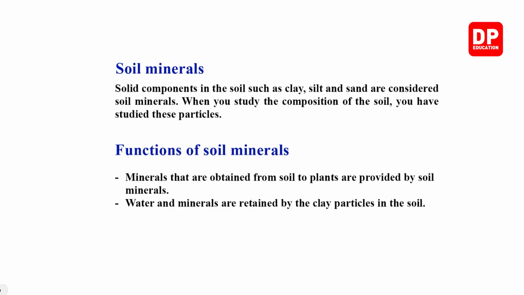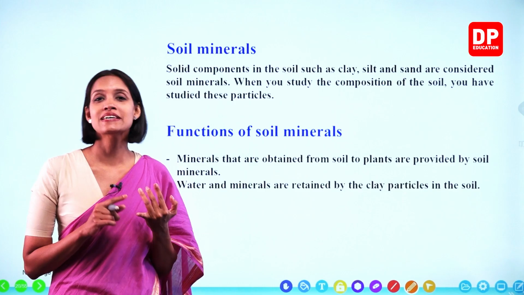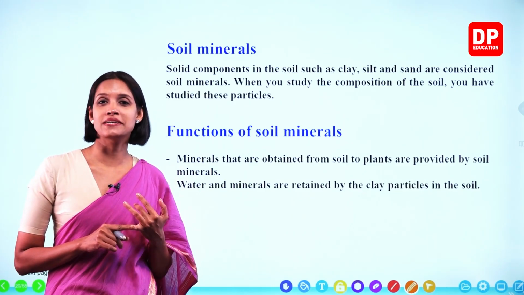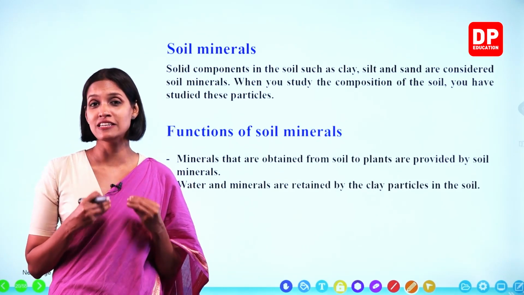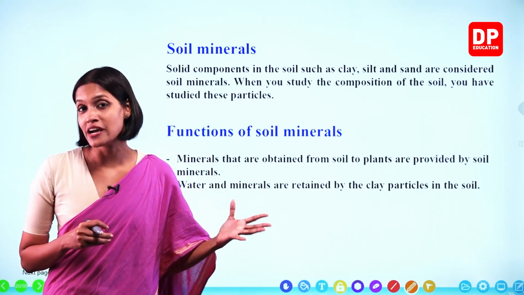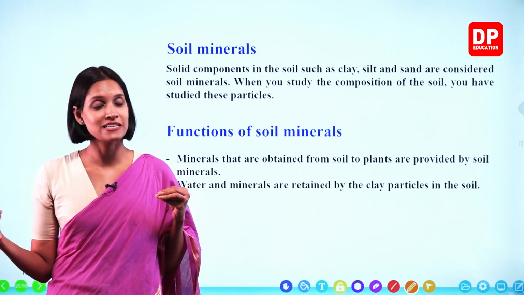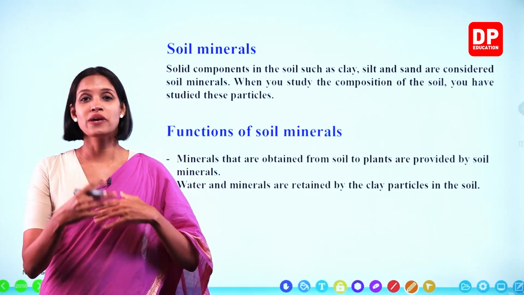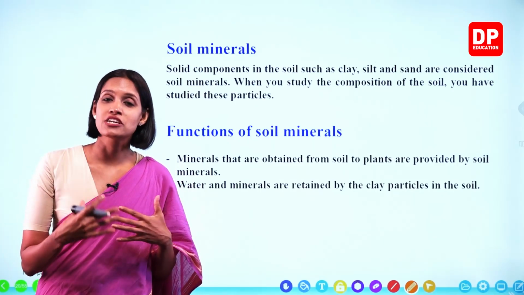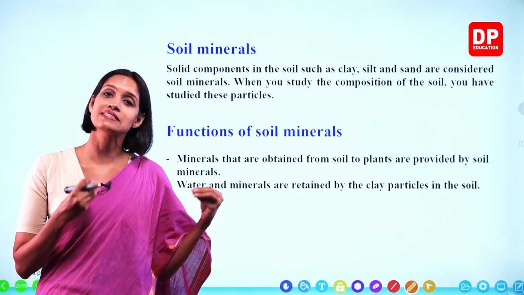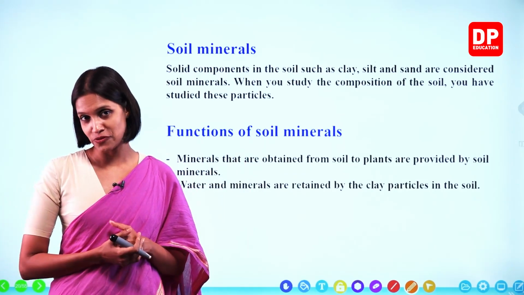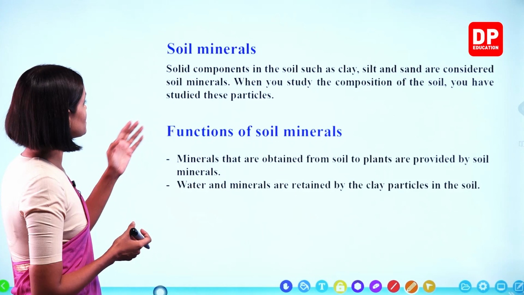We already learned about clay particles, sand particles and silt particles. Among these three, sand particles are the biggest and clay particles are the smallest. Based on the combination or abundance of these particles, there are three types of soil as well.